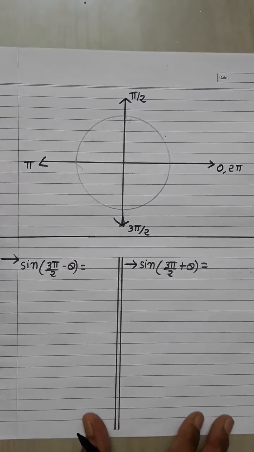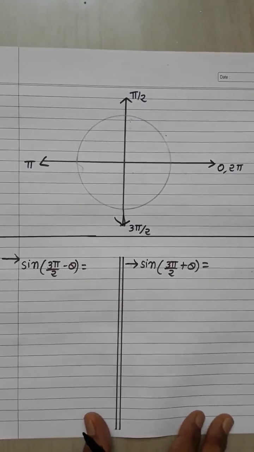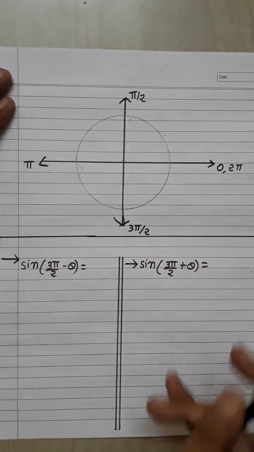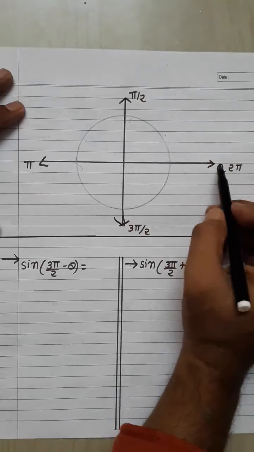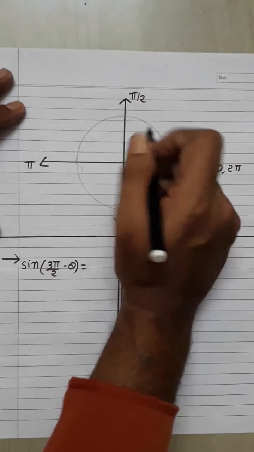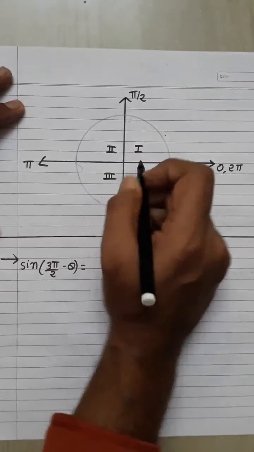Now how can we find the value of 3π/2 − θ and 3π/2 + θ? So once again, the quadrant is divided into four parts. Here we write the first quadrant, second quadrant, third quadrant and fourth quadrant.